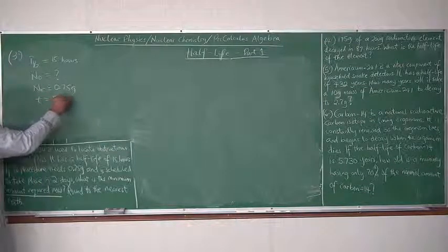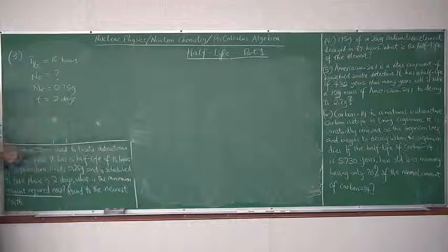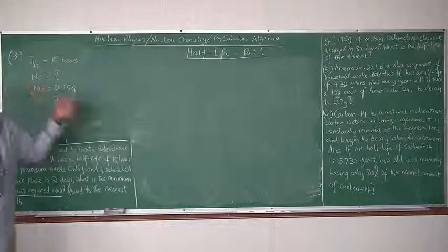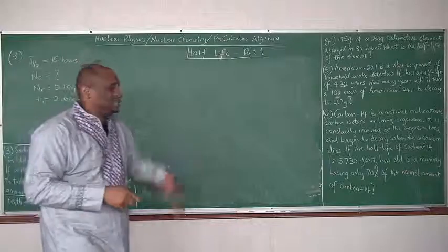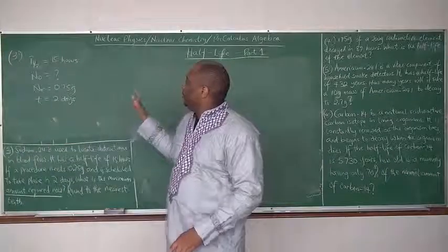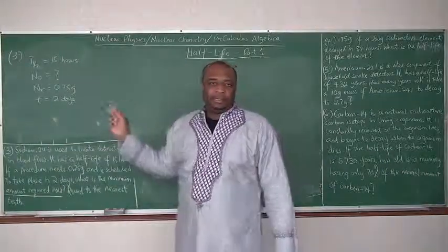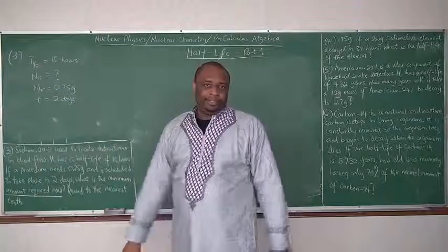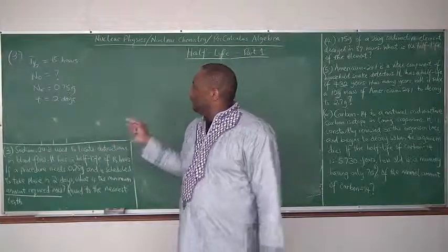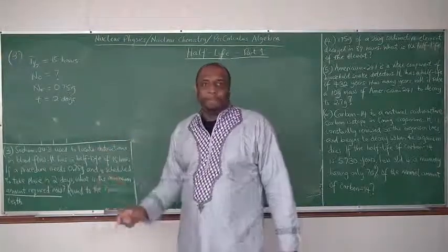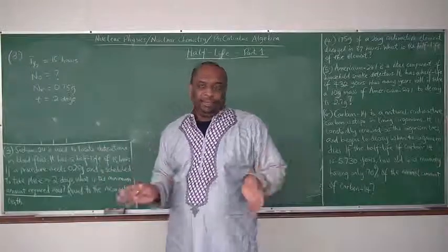2 days. It is good to always write the unit as you write the parameters, because now we have 2 days and 15 hours. They are not in the same unit, and they should be.